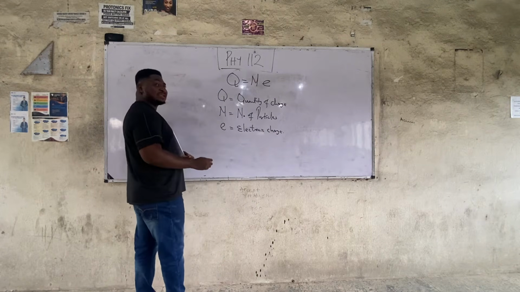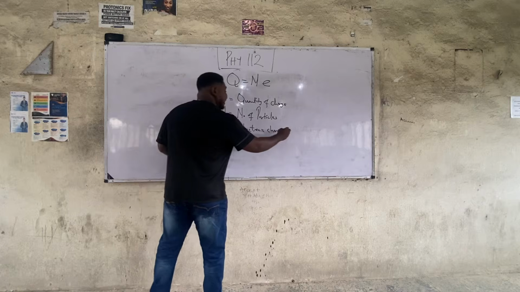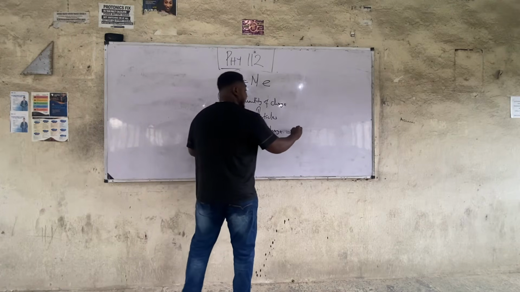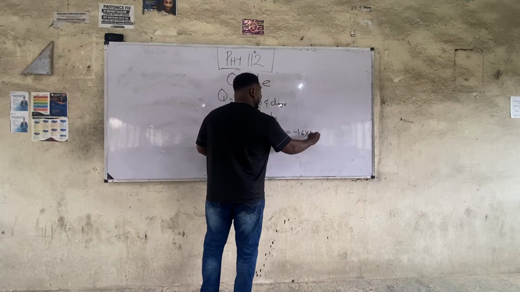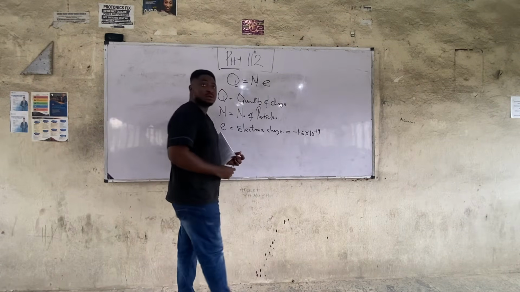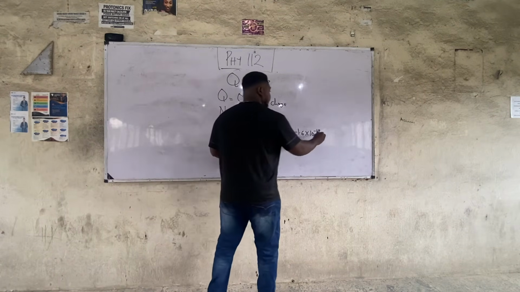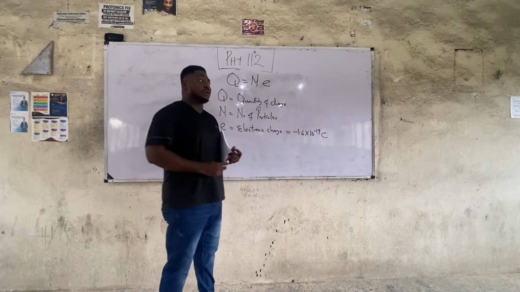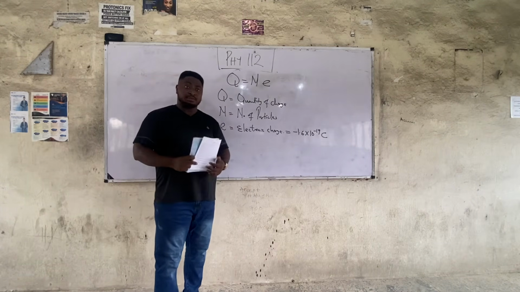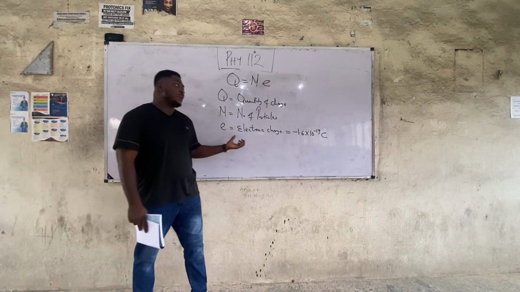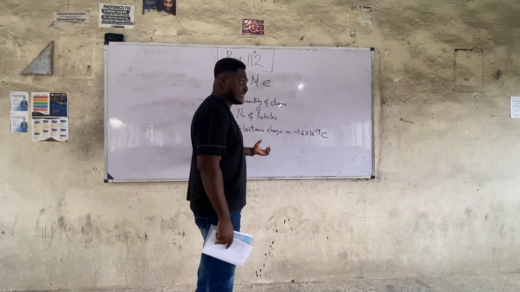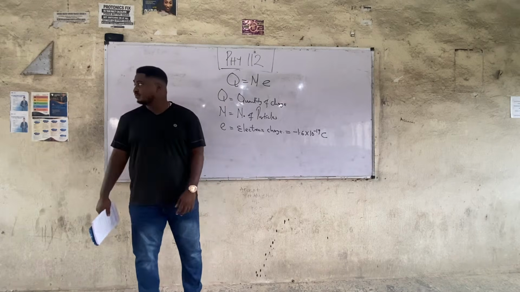Class, as a matter of fact, the charge on one electron is a constant and is given as minus 1.6 times 10 raised to minus 19 coulomb. e is minus 1.6 times 10 raised to minus 19 coulomb.